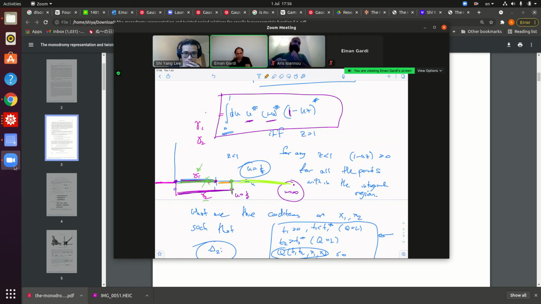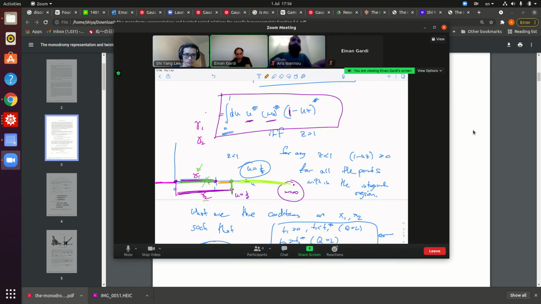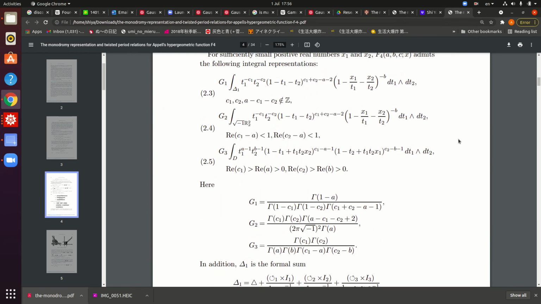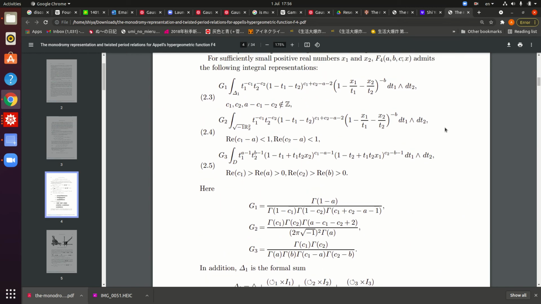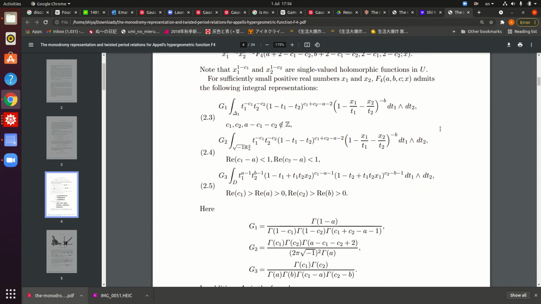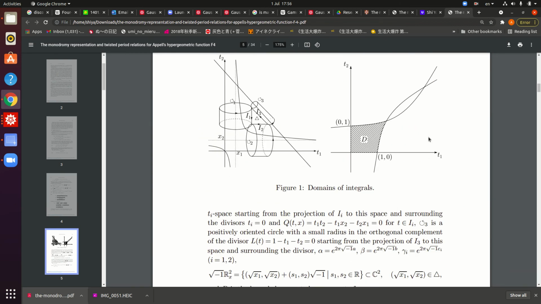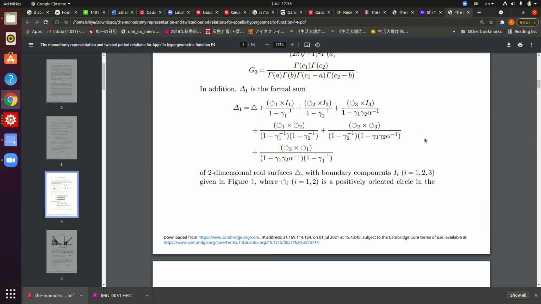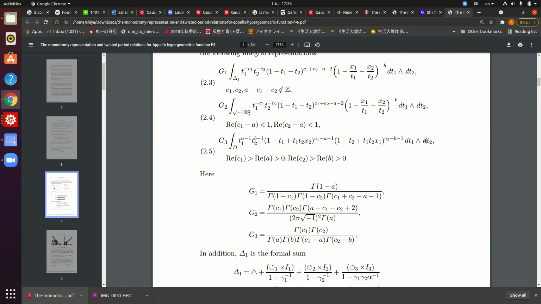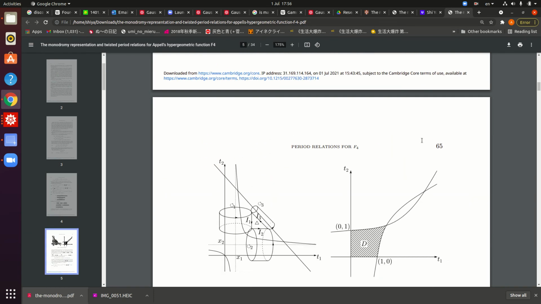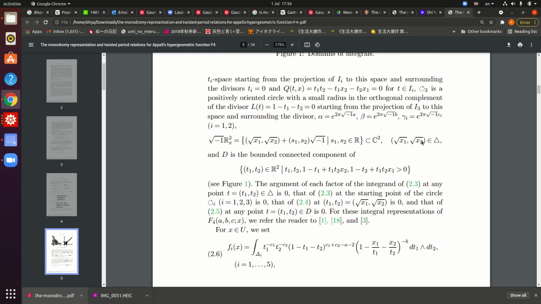Suppose you take 2.5 as your representation, and you do not integrate over D, but integrate over a region that's larger than D. For example, let's say that you integrate over the region which is bounded by one of the curves, 1 minus T2 plus T1, T2, X1, but is not bounded by the other region, but goes to a larger value.